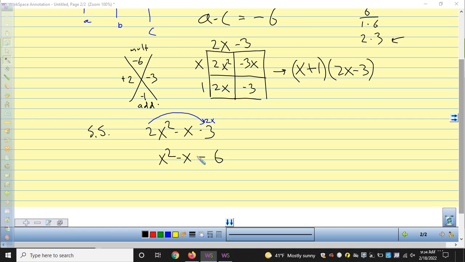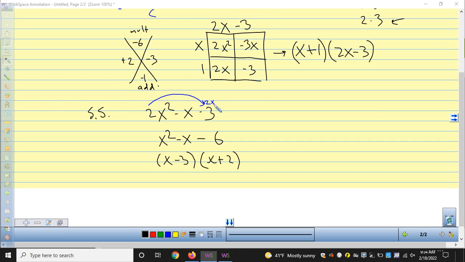If we had started out with this, we'd have to do this process to figure out these two numbers. X minus 3, x plus 2. Well, we multiplied by 2, so we're going to undo that by dividing by 2. 3 halves, we can't reduce that. So we're going to slide that over. 2x minus 3. 2 divided by 2 is 1.